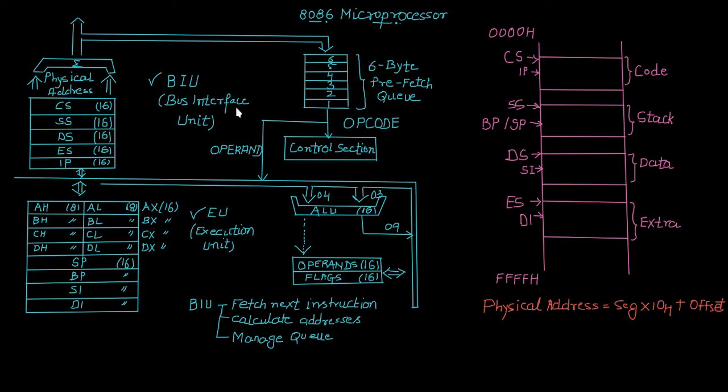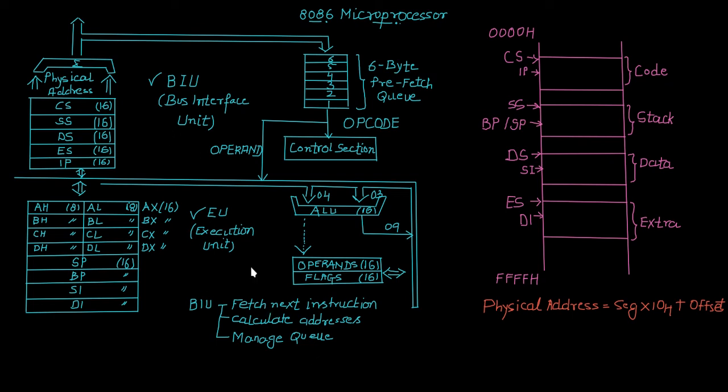So let's start with the first unit, the bus interface unit. The bus interface unit does three things: it fetches the next instruction, it calculates the addresses, and it manages the queue.